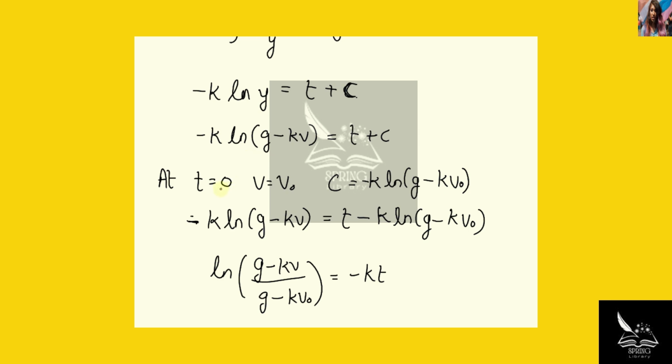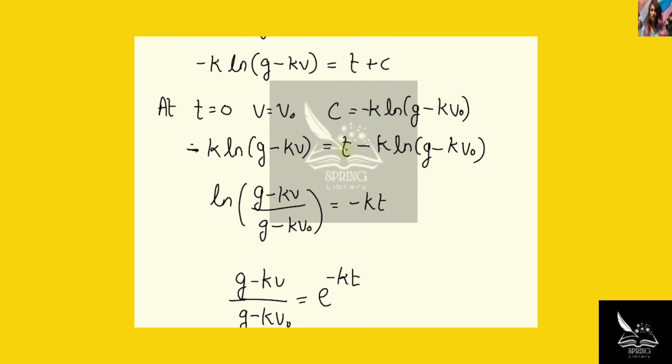At the initial stage, at t equal to 0, suppose this ball is coming with a velocity v0. So at t equal to 0, v will be equal to v0. If I plug this over here, this quantity will be 0, and this quantity will be replaced by v0. So my c will turn out to be minus k ln of g minus k v0. So this is what we get.